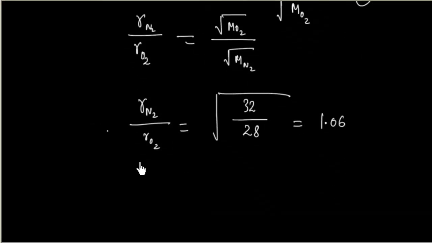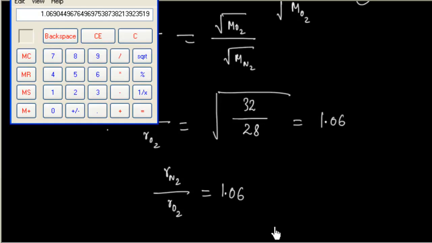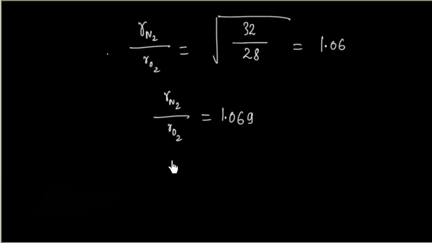So I can say RN2 by RO2 is 1.06, or if I want to write up to 3 digits, I have to write 1.069. So this means RN2 equals 1.069 times the rate of oxygen.